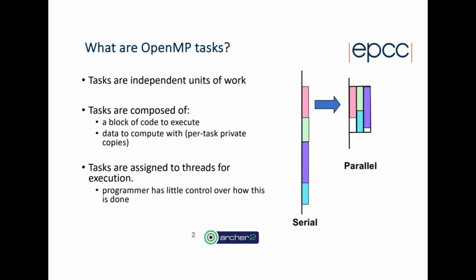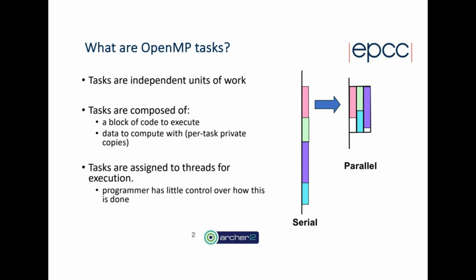Okay, so what are OpenMP tasks? The way OpenMP thinks about this is that tasks are just independent units of work, so pieces of computation that can be executed independently. They consist of a block of code to execute and also some data to compute with. This extends the notion that you're probably already familiar with of private data in OpenMP.